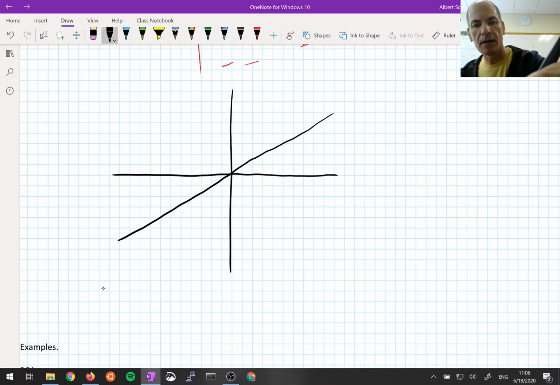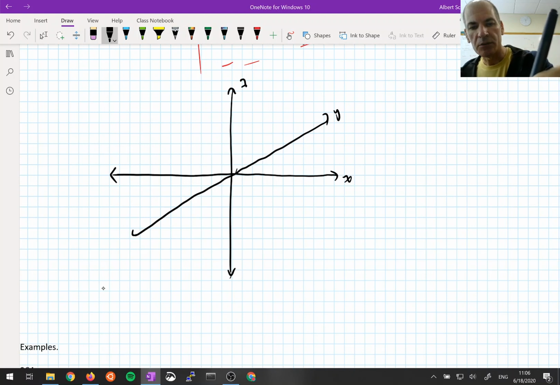And now I'm talking about any point whose ray through the origin makes an angle of 5 pi over 6. And I guess I should draw it a little bit more true to form here. Get that axis back in there. X, Y, Z, like that.